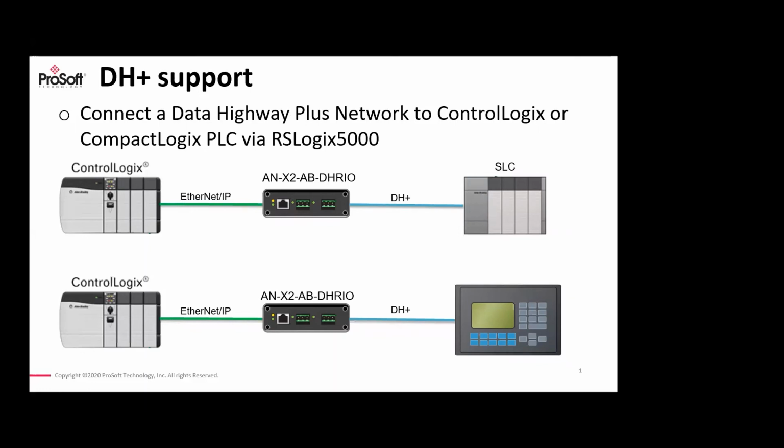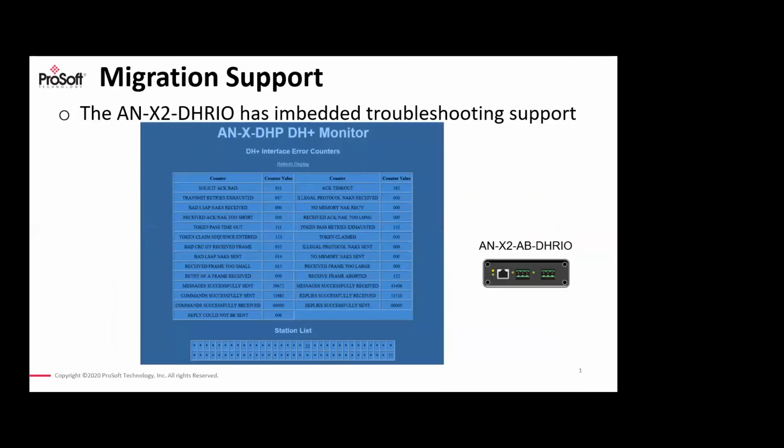This would allow you to have both EtherNet/IP and DH Plus controllers operating at the same time on the same equipment until you're confident enough to phase out the old DH Plus controllers. The ANX2 also allows you to configure DH Plus controllers via Ethernet using RSLinx and RSLogix 500 and RSLogix 5.